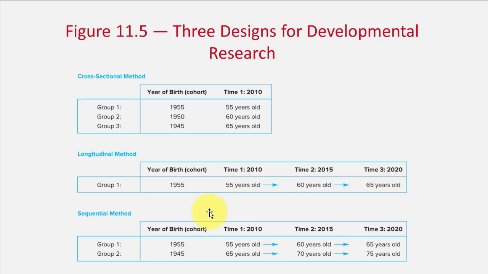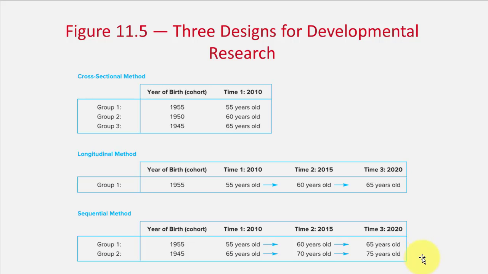Or we could use a combination to where we could use one group of people who were born in 1955 and ask them at ages 55, 60, and 65, and then ask a group that was born in 1945 at 65, 70, and 75. So what we're doing here is within a 10-year span between 2010 and 2020, we are asking people who are 55, 60, 65, again 65, 70, and 75 years old what their opinions are on a particular matter.